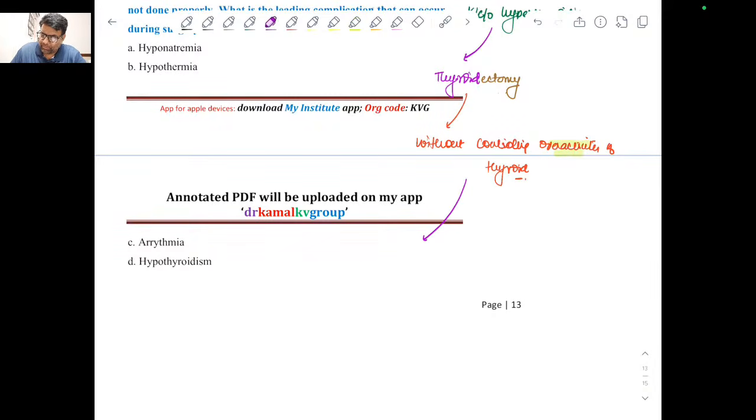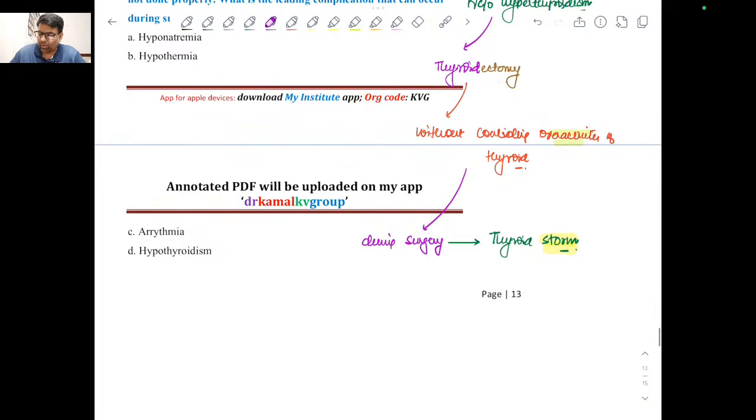So what will happen during surgery? There will be release of thyroid hormones or the stress of the perioperative period. So that will result in thyroid storm. So what is the condition? Thyroid storm. And what will happen?